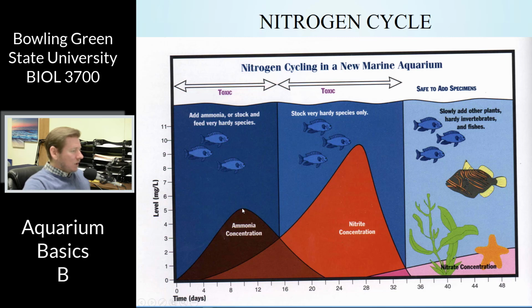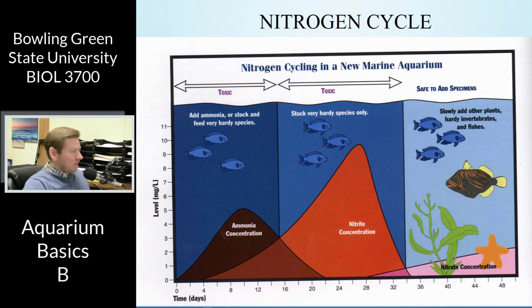Now, as that bacteria grows, it lives on the ammonia and converts it to nitrite. So here you see the ammonia level starting to decline as our bacteria culture grows, and that ammonia is being converted to nitrite. Here it is climbing higher and higher. Now, nitrite is also considered toxic to your fish, especially freshwater fish.